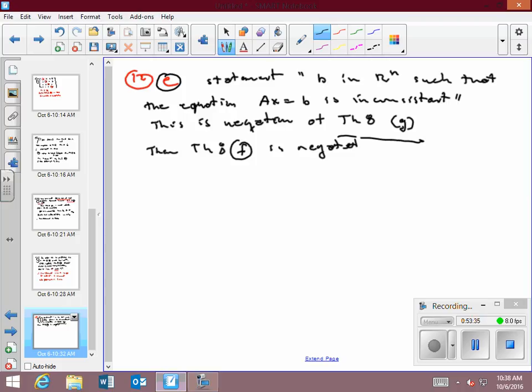Then that statement has to be negated. Right. Okay. Then EF is negated.